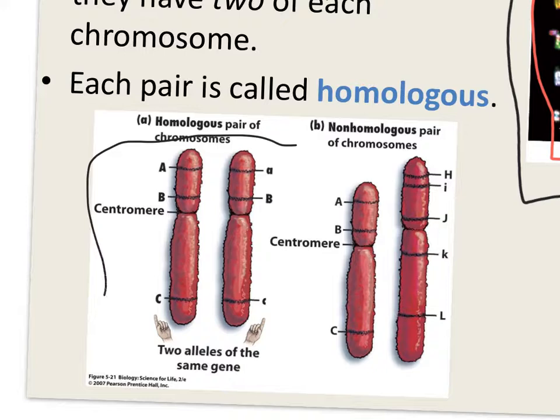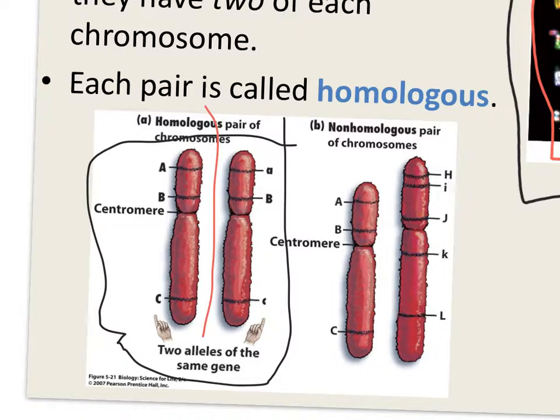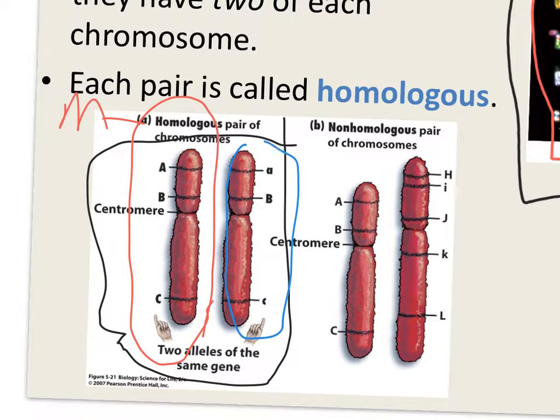This is a homologous pair of chromosomes. One from mom, one from dad. Each one of these by itself is a chromatid. We'll say that one's from mom, and this one's from dad. These are homologous.